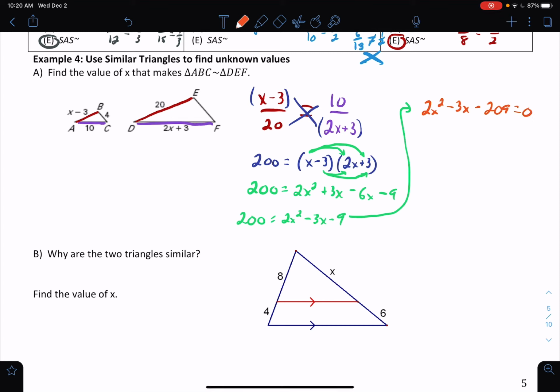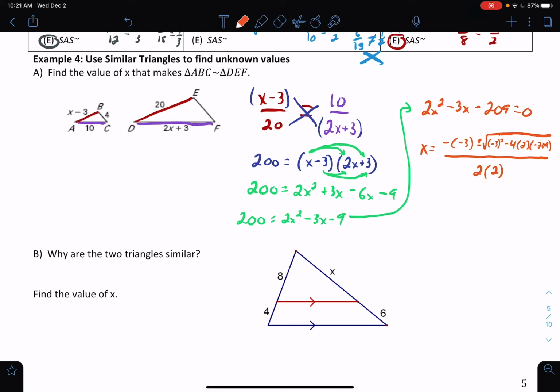Okay, so from here, this sure looks like a tough one to factor. We'll see if it is factorable, but we're just going to use the quadratic formula. So x equals negative b, so negative 3, plus or minus the square root of b squared minus 4ac. Okay, so negative 3 in parentheses squared minus 4 times 2 times negative 209 all over 2a, so 2 times 2.